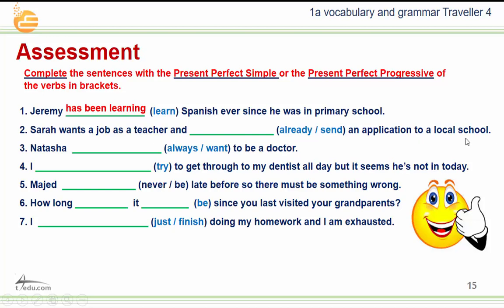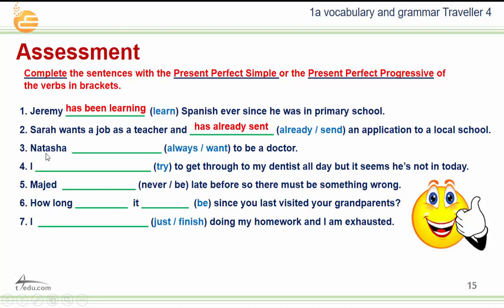Here the emphasis is on the action, so we say has already sent, has and past participle. Is the time mentioned? No. So we should use the present perfect simple. Has or have with past participle. And you can use already before the verb.